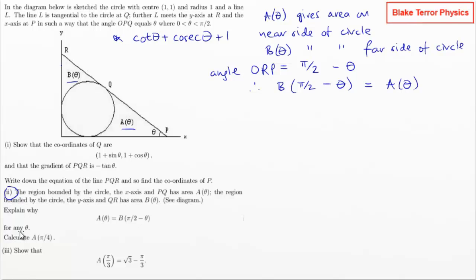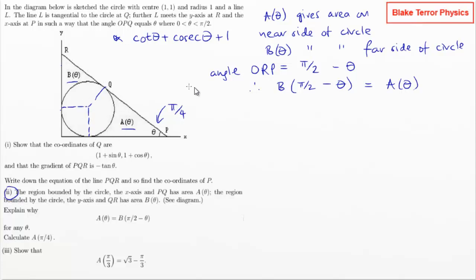Right, for anything. Now calculate A for pi by 4. So we're going to have to actually mark out the areas on this. Let's put my touch points back in again on this. It's saying that this angle here is now pi divided by 4, and we need to work out that area there.